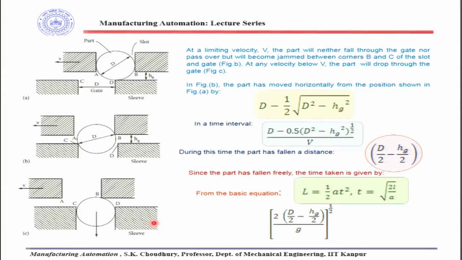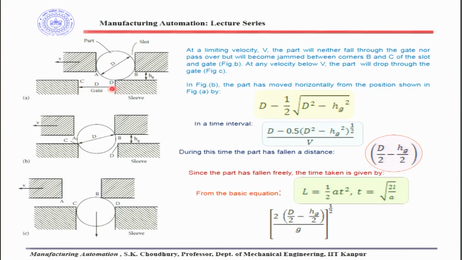Now at a limiting velocity v, the velocity of the rotating inner disc, the part will neither fall through the gate nor pass over, but will become jammed between the corners B and C of the slot and gate. This is the slot and this is the gate through which it is coming out.